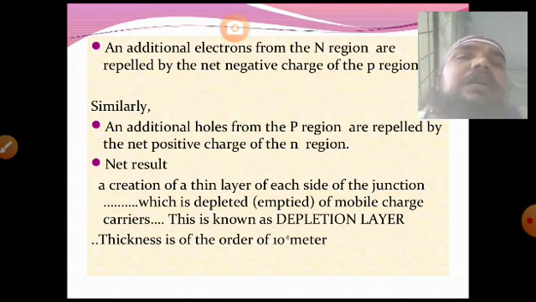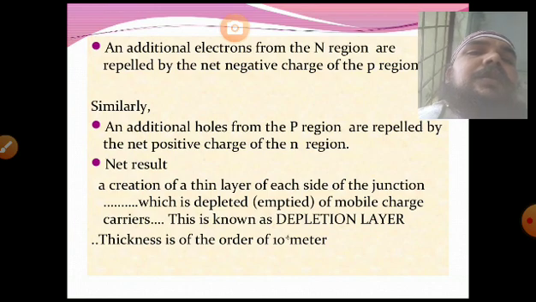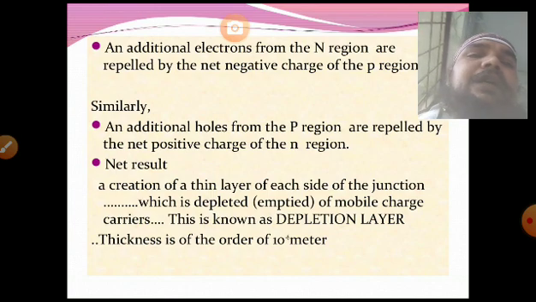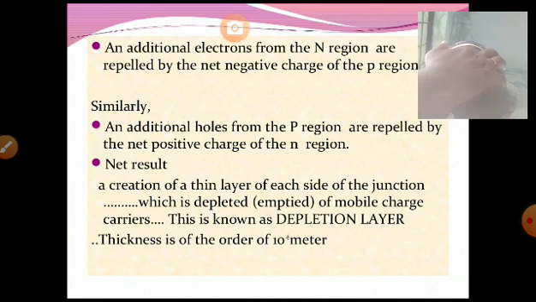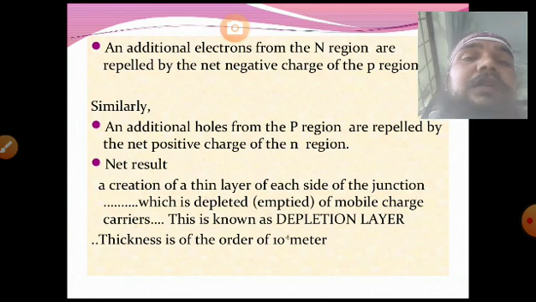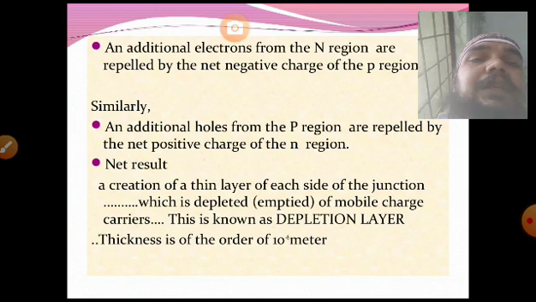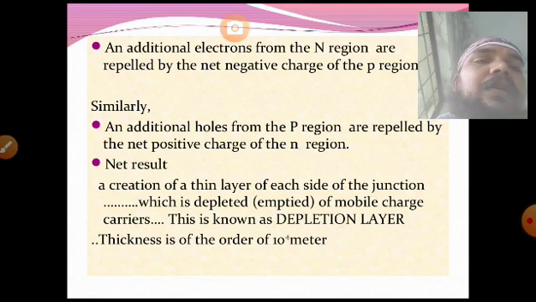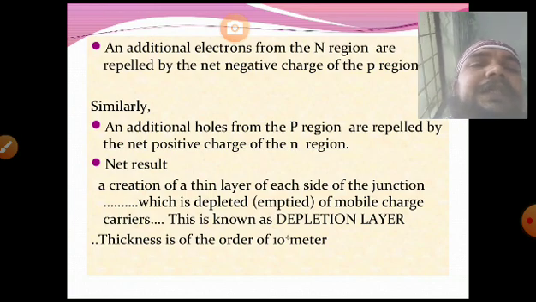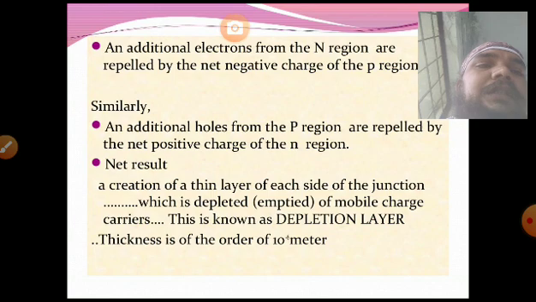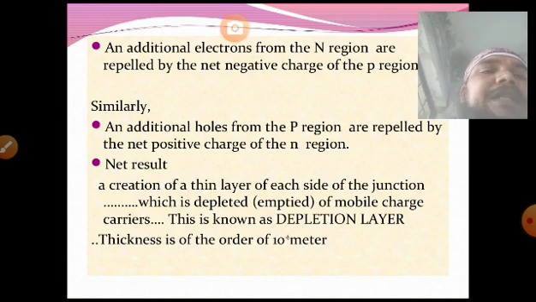Similarly, additional holes from the P region are repelled by the net positive charge of the N region. The net result is the creation of a thin layer on each side of the junction which is depleted of mobile charge carriers. This is known as the depletion layer.